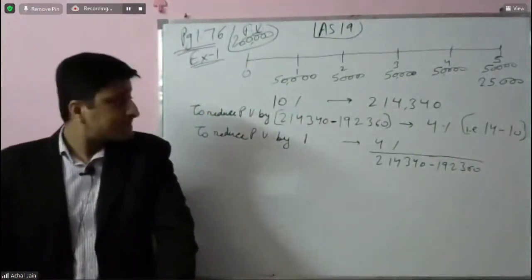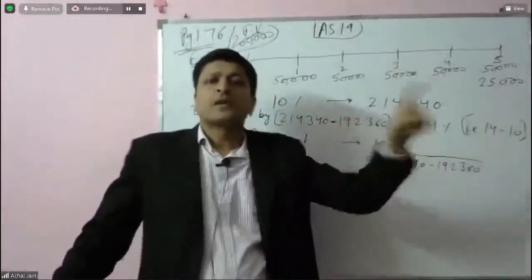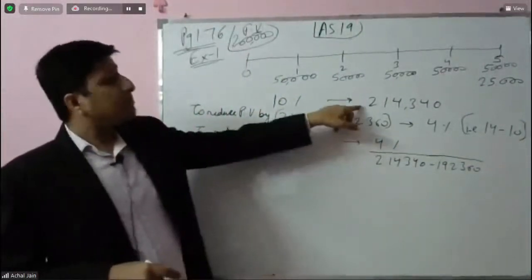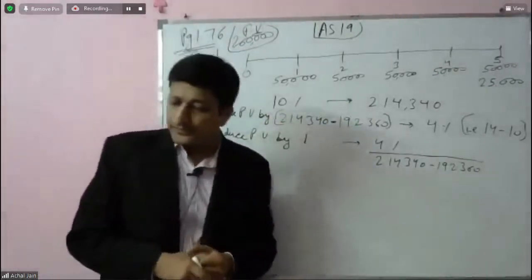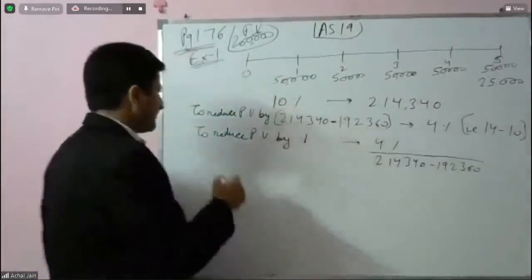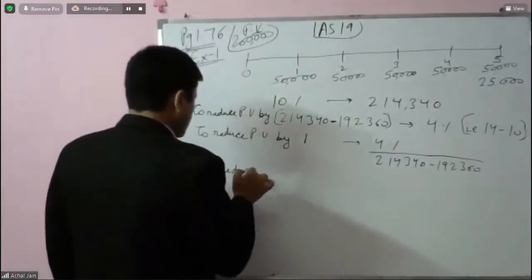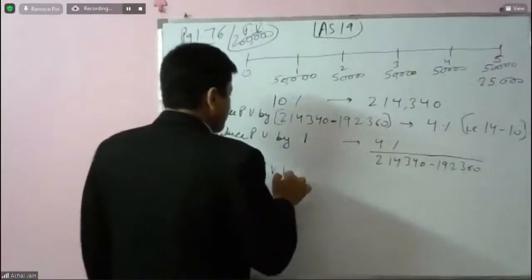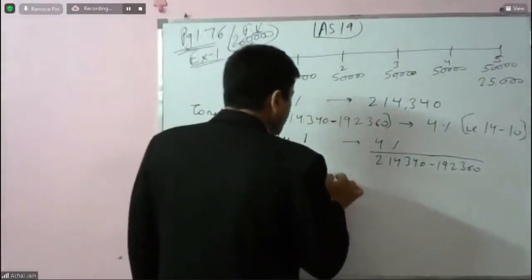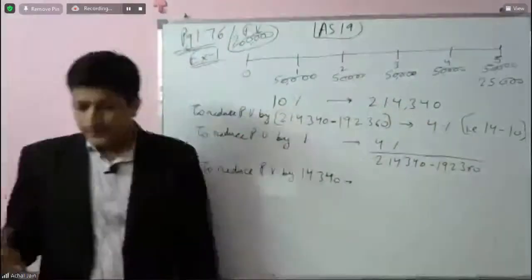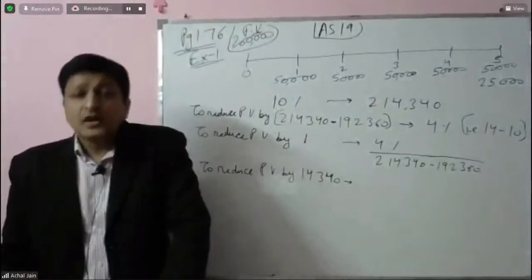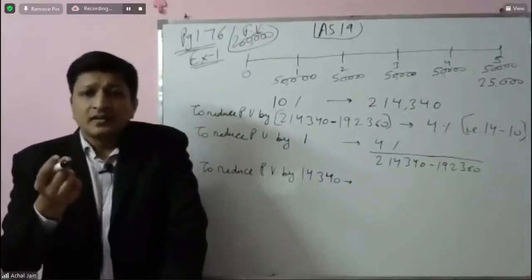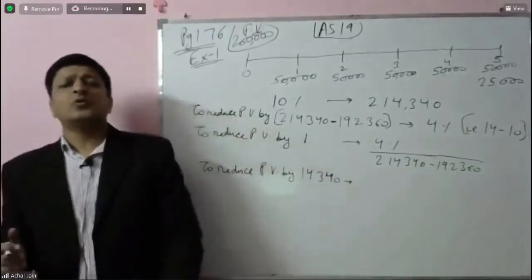Now, taking the base of 10%, wherein I got a PV of 2,14,340, if I have to reduce my PV by 14,340, then what is that additional component of percentage that I need to add to my discount rate?